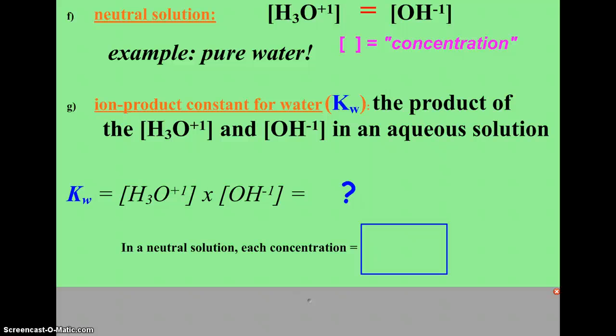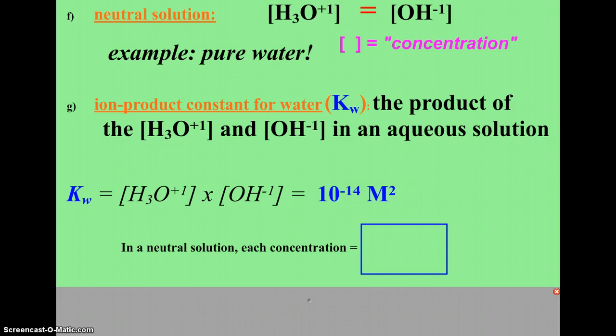If you take the concentration of hydronium times the concentration of hydroxide, you will get this magical constant, which is 10 to the -14, and that's a capital M squared, molarity squared. Concentration times concentration. And this is important.